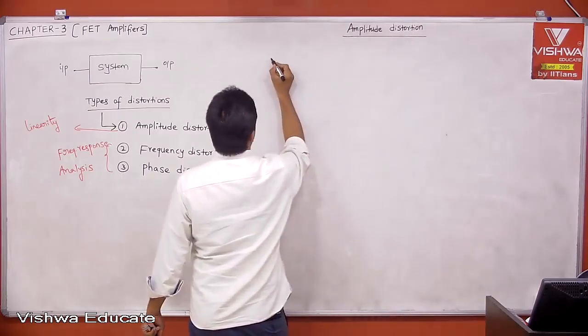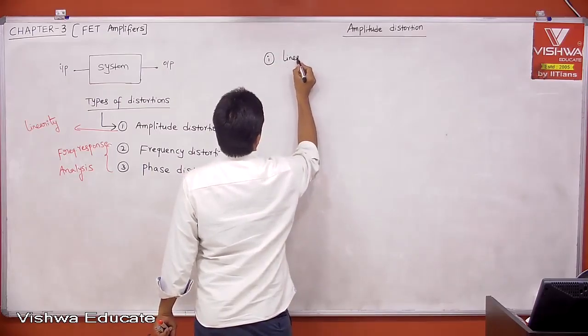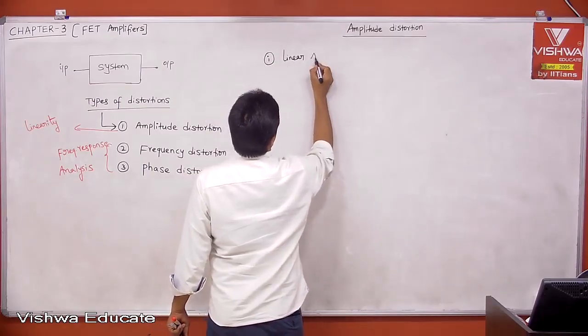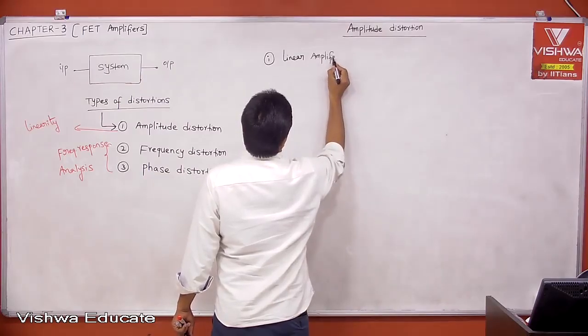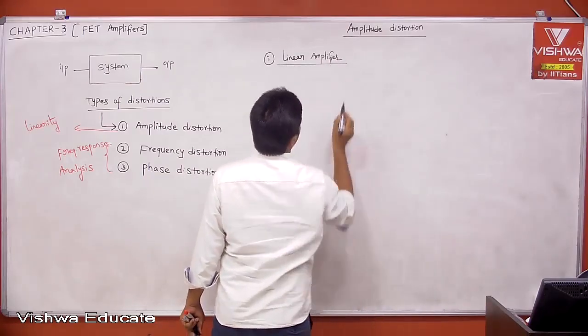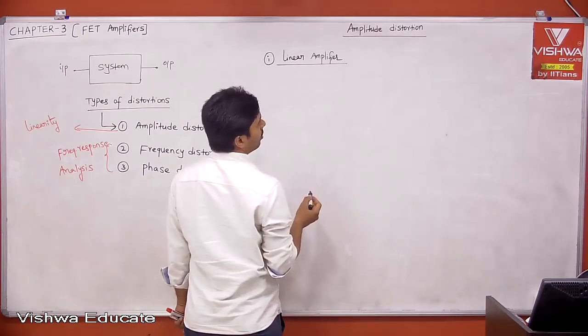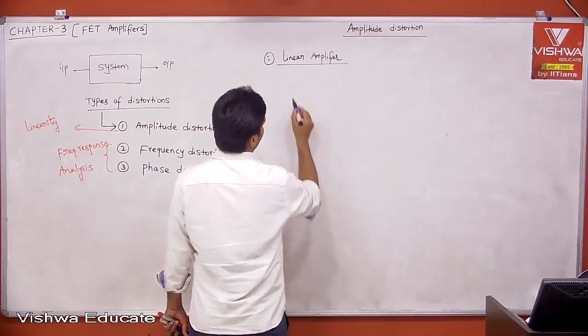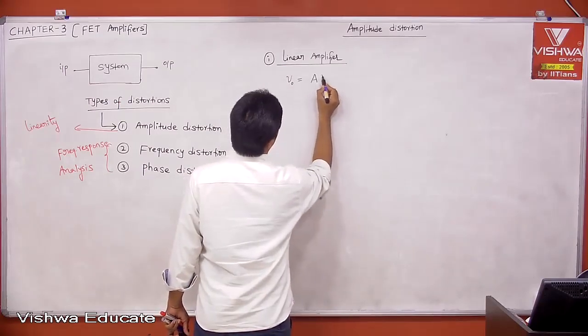Let me take case 1, linear system or linear amplifier. Example, a linear amplifier and a non-linear amplifier. What do you mean by linear amplifier? Don't write anything. What is the equation which supports linearity between input and output? Can I say V0 is equal to A into Vi?